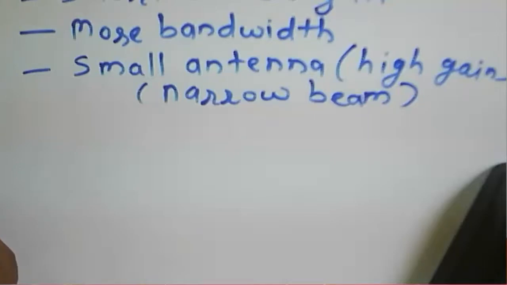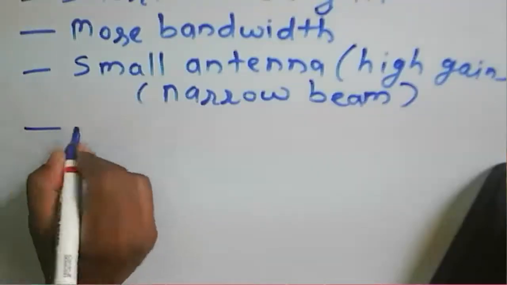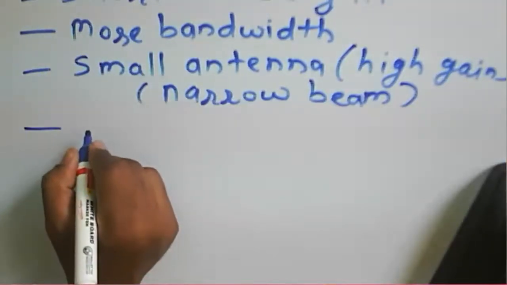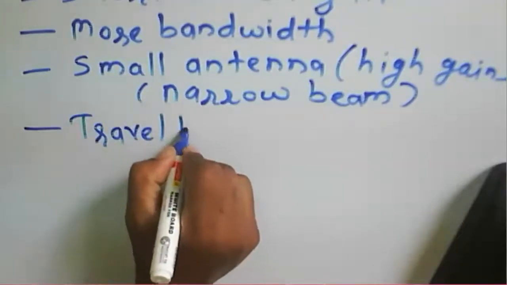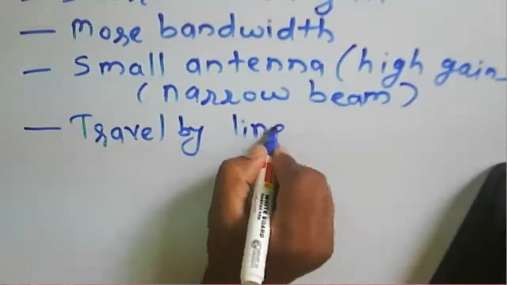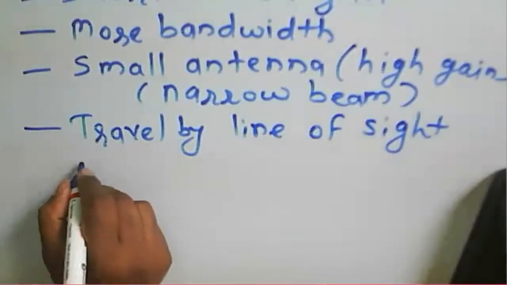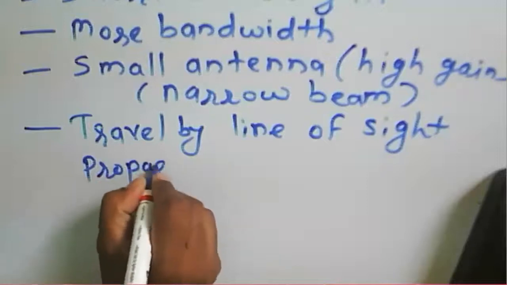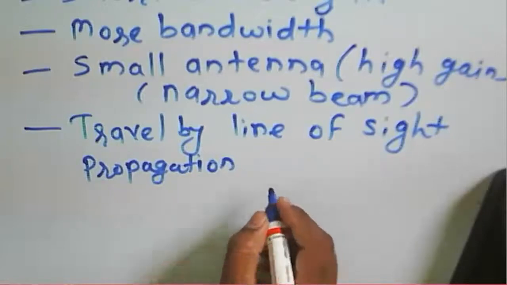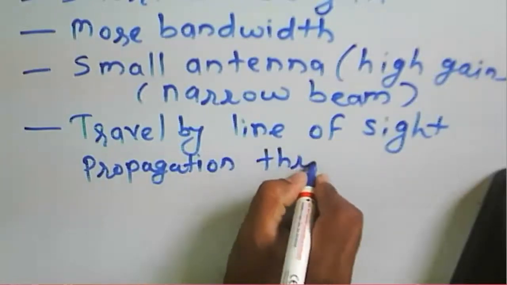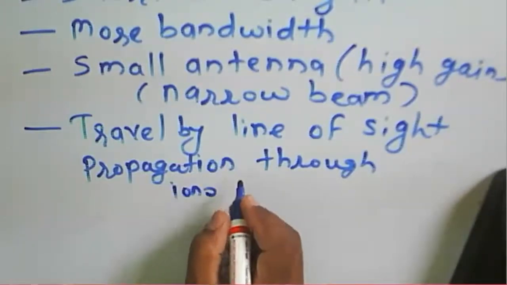Next, another characteristic of microwave is that it travels by line of sight propagation through the ionosphere.